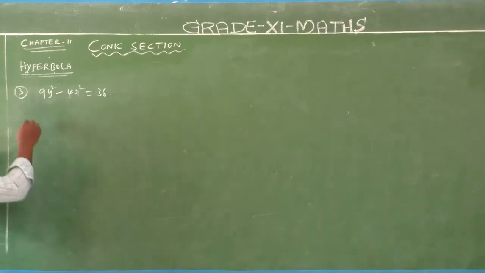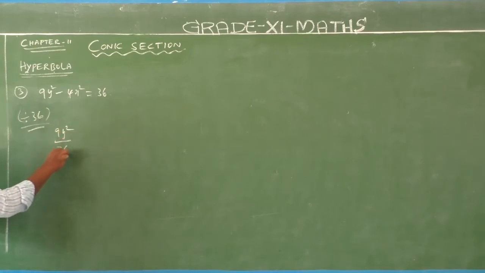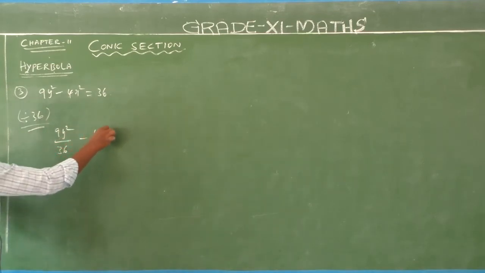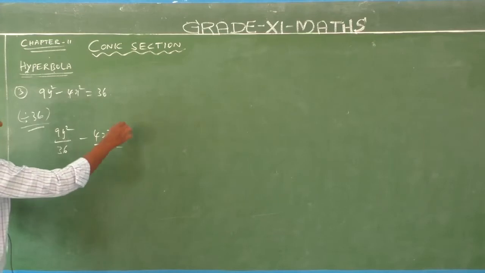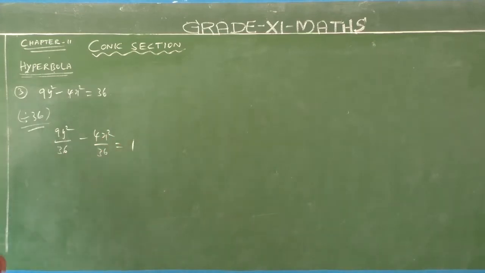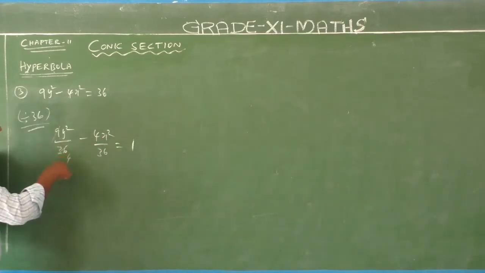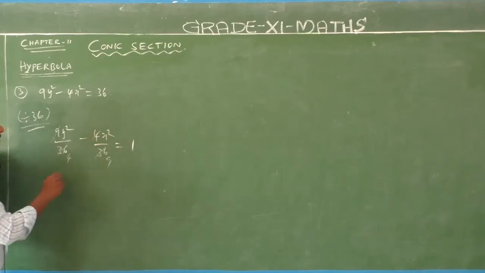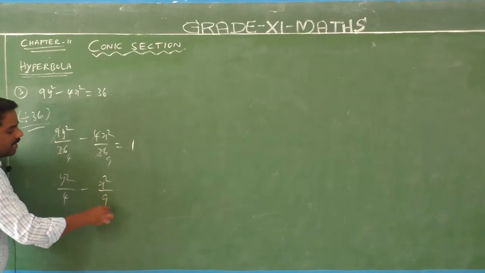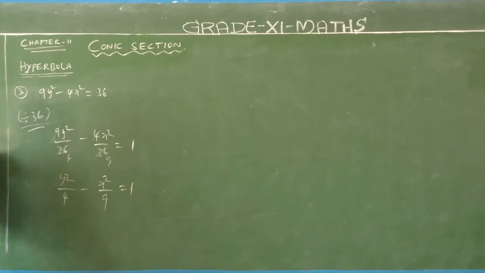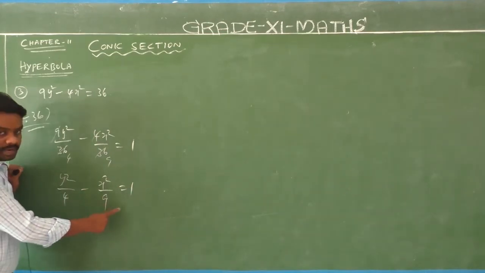So divide by 36 on both sides. So 9y squared divided by 36 minus 4x squared divided by 36 equal to 36 by 36, which is 1. 9 4s are 36 and 4 9s are 36. So y squared by 4 minus x squared by 9 equal to 1. This is similar to the second question type.